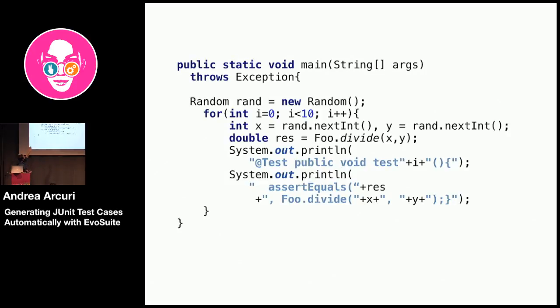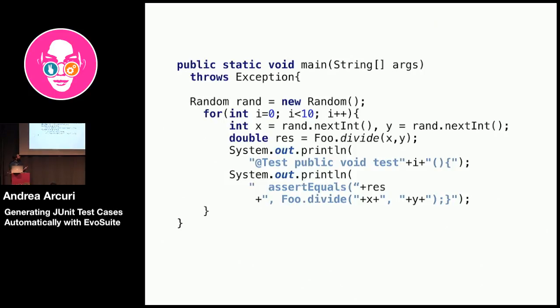Here it generates 10 test cases, takes an X at random, a Y at random, executes it, calls foo with those 2 values, gets the result, and then I just output the test as if it were a JUnit test, as a string.